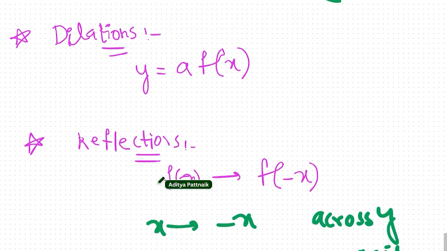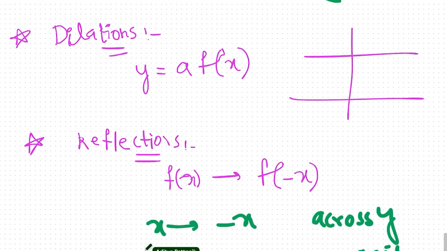So write this table. I'll write it here. It's the same scenario as when we discussed quadratics. When the absolute value of a is less than 1, the graph gets vertically compressed.